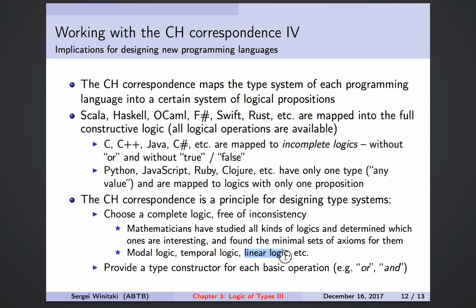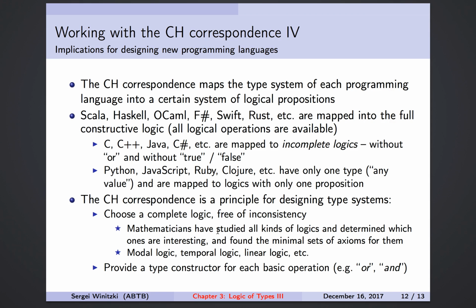Linear logic has been used to model resources, such as memory, ownership of pointers. One thread has ownership of this pointer, another thread has ownership of that pointer. If you have this in your language, you can do interesting constraints on your program and prevent errors.